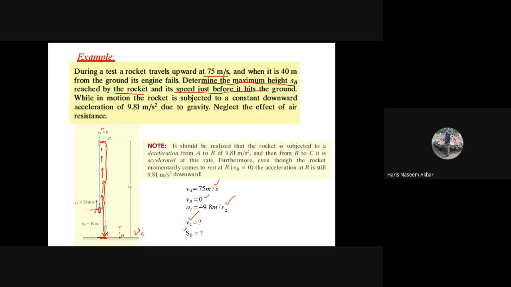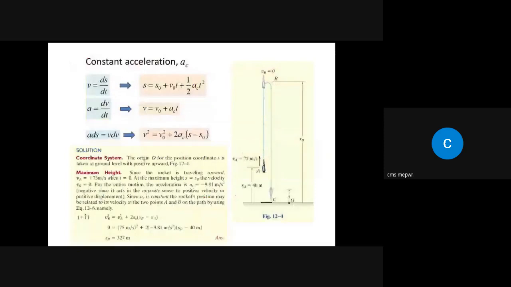Okay, so now we have 3 equations of motion. If this is the initial state, we have velocity and we have position. Let this velocity be VA, and this position SA.